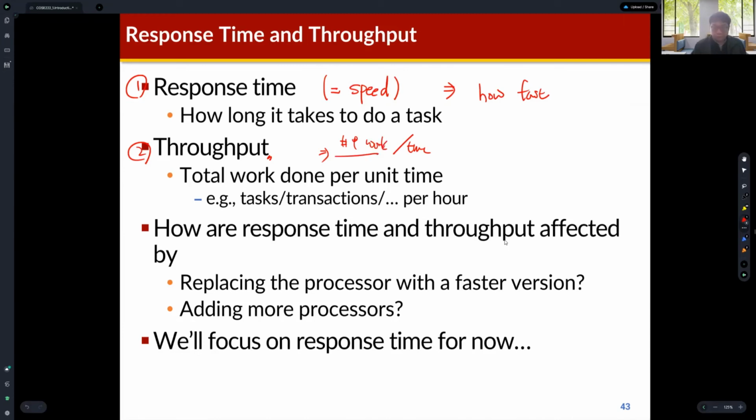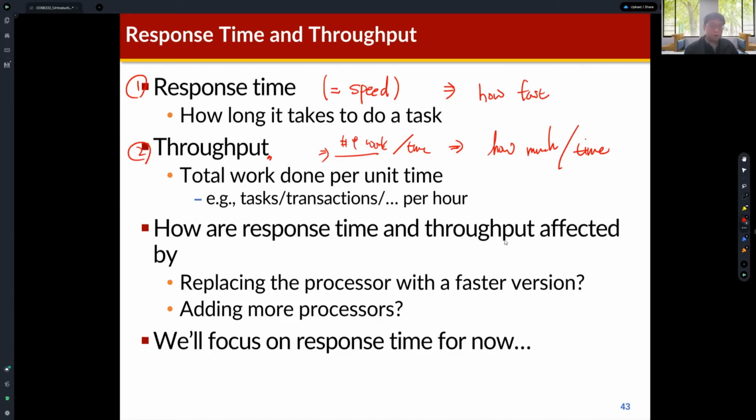So throughput represents how much work per time, right? Usually for computer systems, we can measure the response time to measure the speed of our machine.